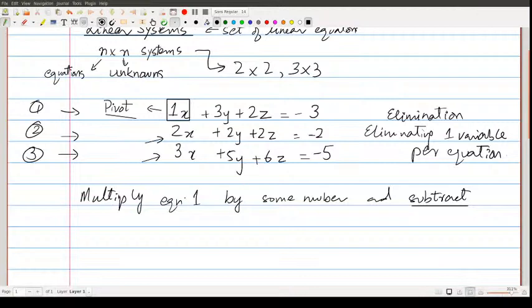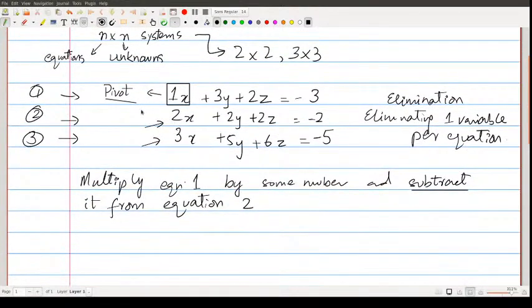We'll just adjust our signs based on our discussion on subtraction, right? So we multiply equation 1 by some number and subtract it from equation 2, such that when I subtract that result from the second equation, I get 0 in the first variable.